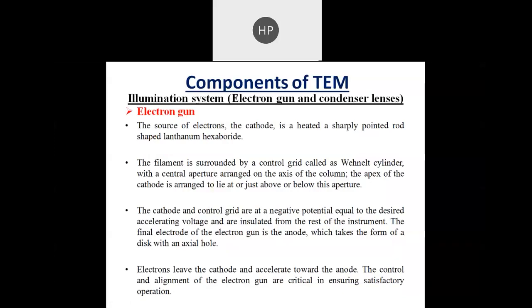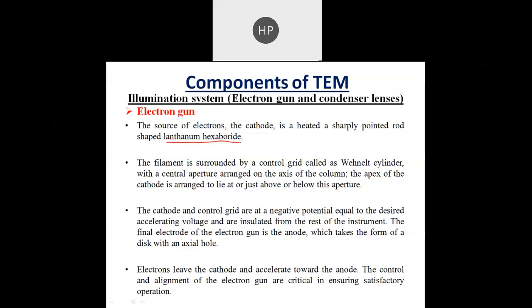The source of electrons, the cathode, is a heated, sharply pointed rod-shaped lanthanum hexaboride. So in this one we are using a lanthanum hexaboride filament, while in the previous case in scanning electron microscope, generally we use a tungsten filament, which is very cheap and easy to handle.